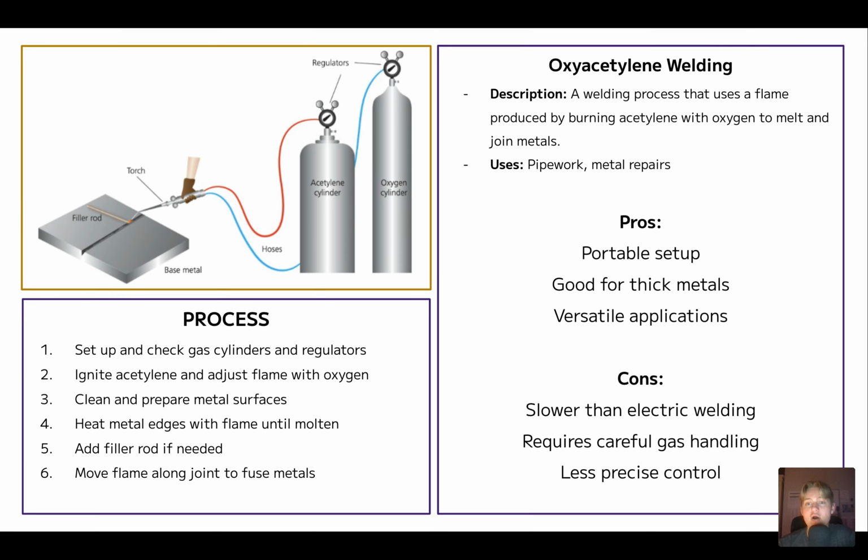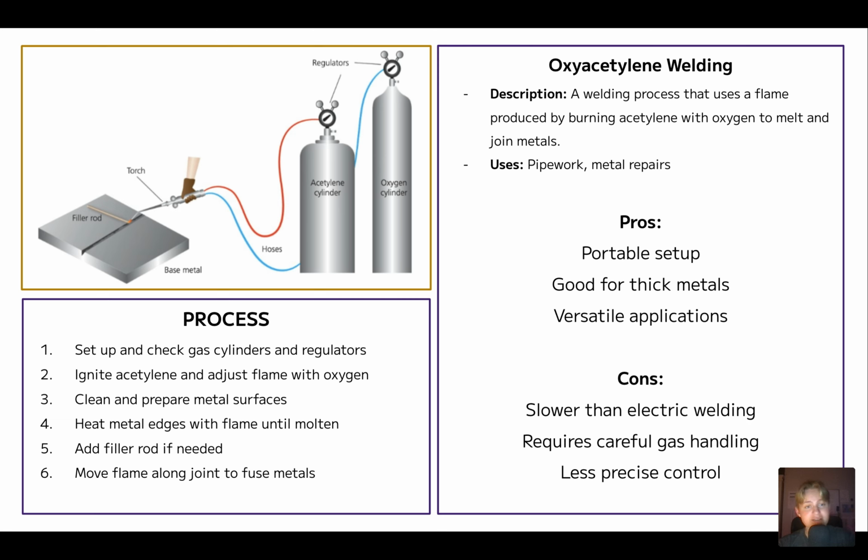Next, we're going to be looking at oxyacetylene welding, which is a welding process that uses a flame produced by burning acetylene with oxygen to melt and join metals. So this could be used for pipe work, but also for certain metal repairs. Pros of it is that it is a very portable setup and is good for thick metals.